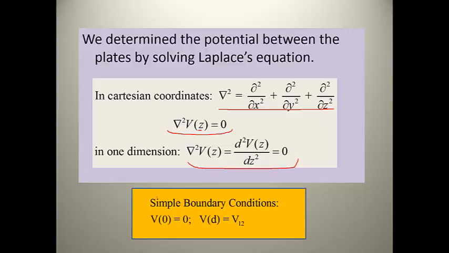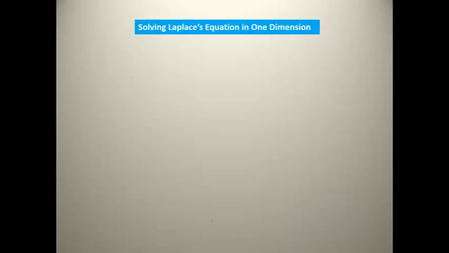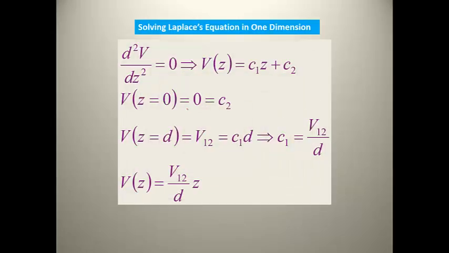Well, then we look at the boundary conditions, and we've already stated what those are, namely that the voltage applied to the bottom plate is 0, and the voltage applied to the top plate is V12, at z equals 0 and z equals d. So doing that, we first solve the general case.